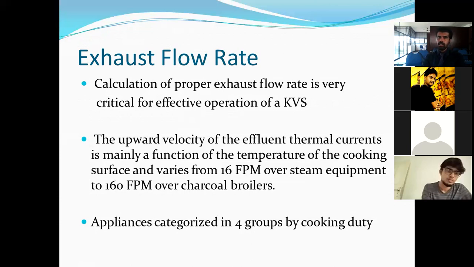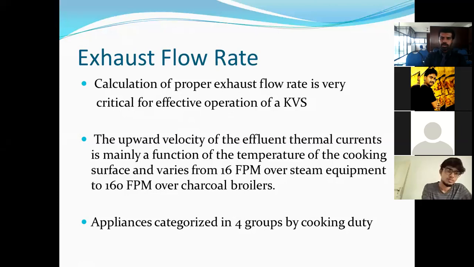So kitchen hood design includes not only the dimensions of the hood, but we have to know the amount of air being produced. Then we have to size the duct. Then we have to know the capacity of the fan also, if we are using exhaust fans. Calculation of the proper exhaust flow rate is very critical for effective operation of a kitchen ventilation system.